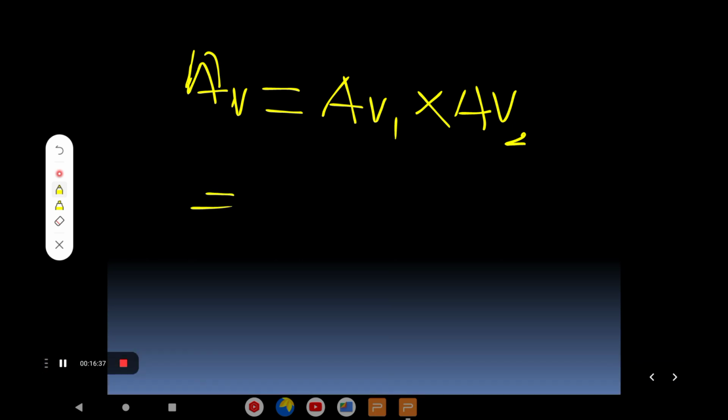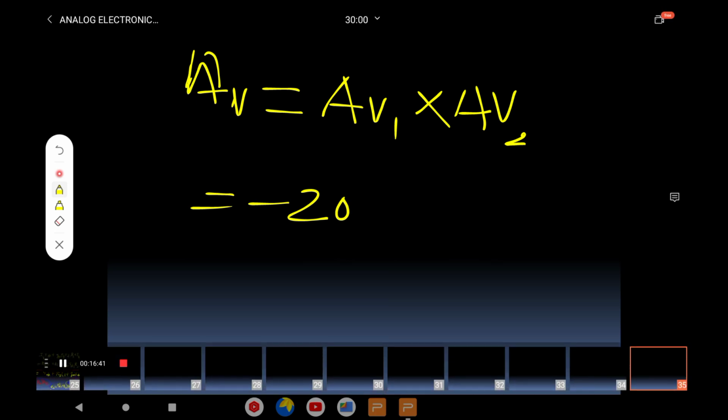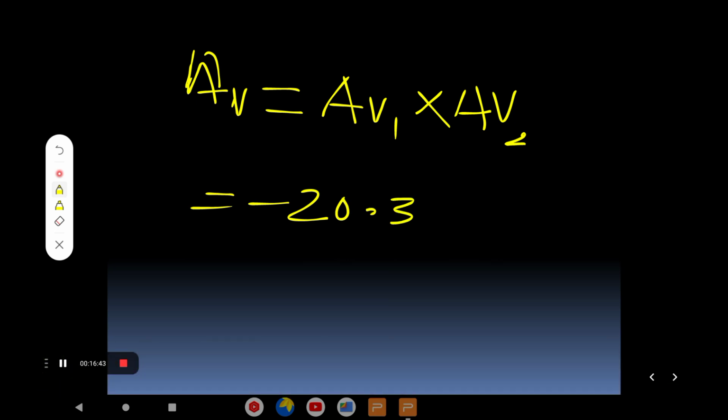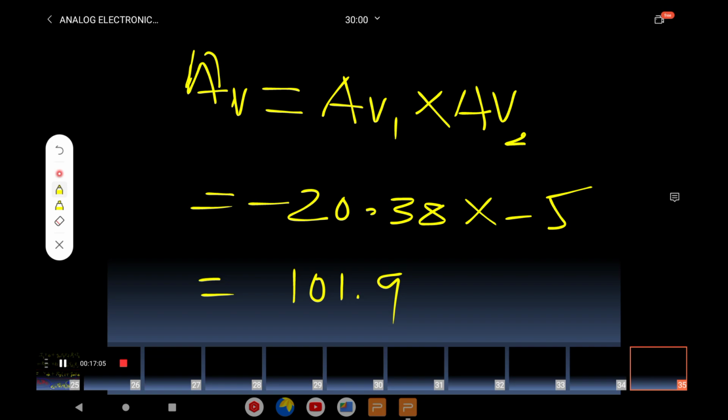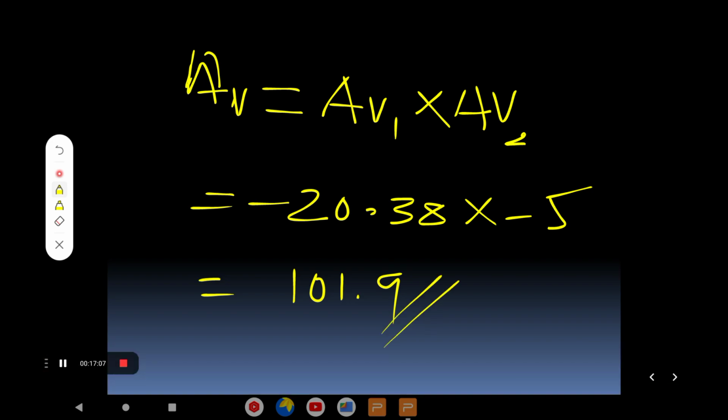If you substitute, AV1 is equal to minus 20.38 and AV2 is the voltage gain of the second transistor, which is around minus 5. So you will get a resultant value of around 101.99. So this is the overall analysis.